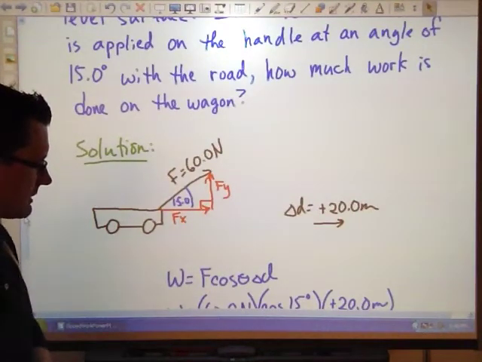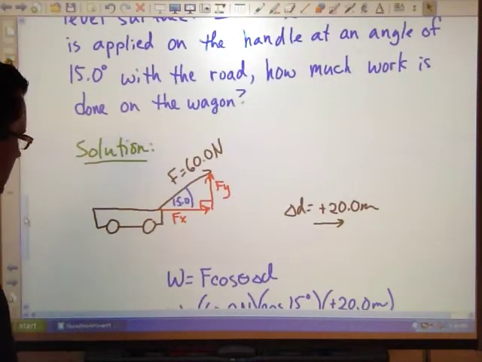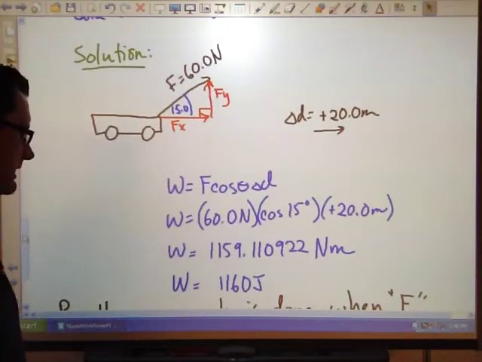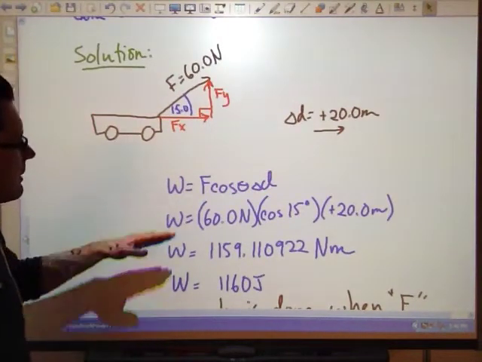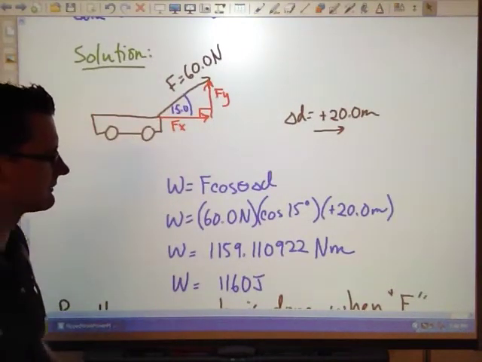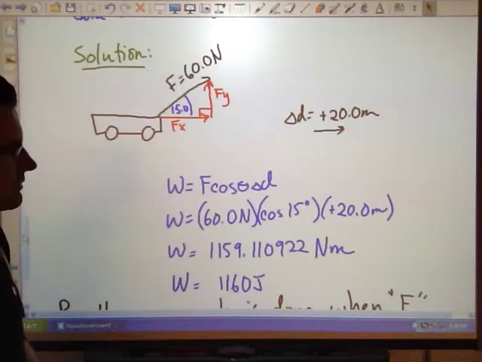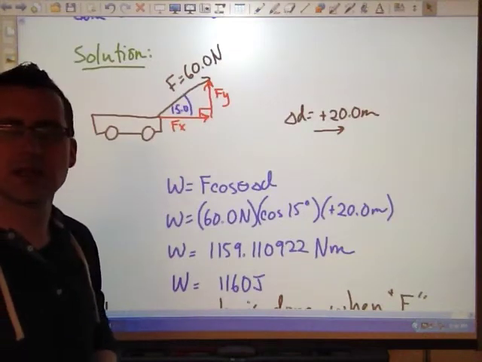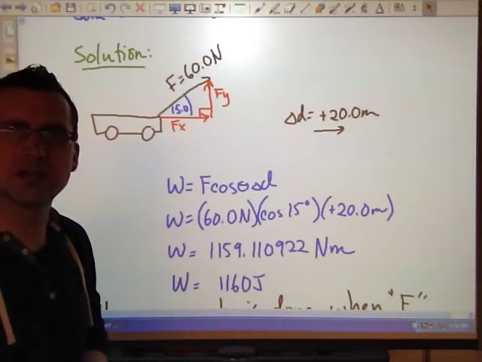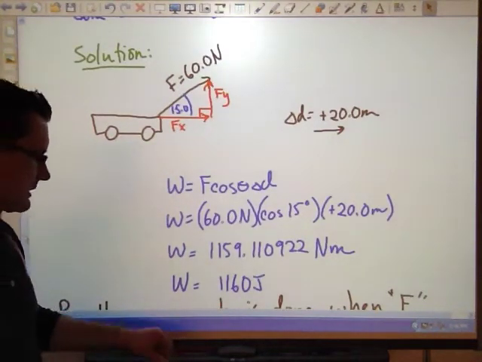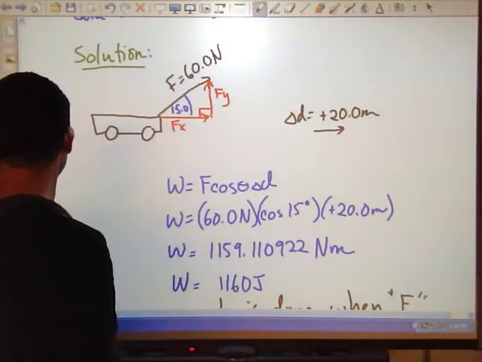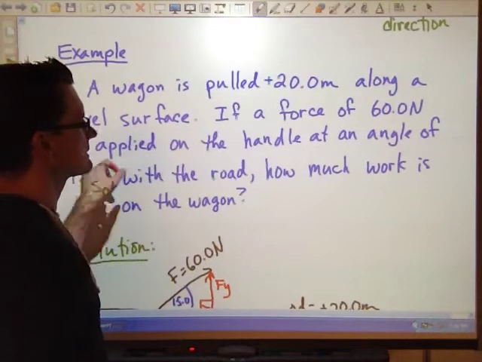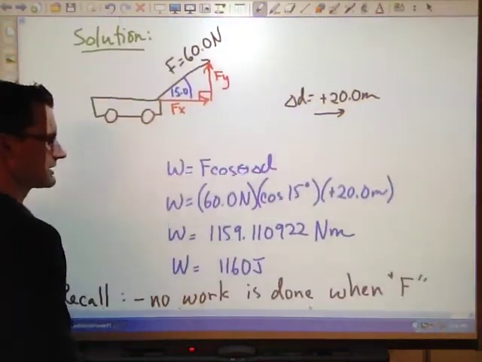So once again, we have to find the component of force that's effective in moving that wagon to the right. So W equals F multiplied by cos theta multiplied by delta D. We have our applied force of 60 multiplied by cos 15 multiplied by 20.0 meters. So we get 1,159.110922 newton meters. Of course, we have 3 sig figs throughout, so we have to keep 3 sig figs.